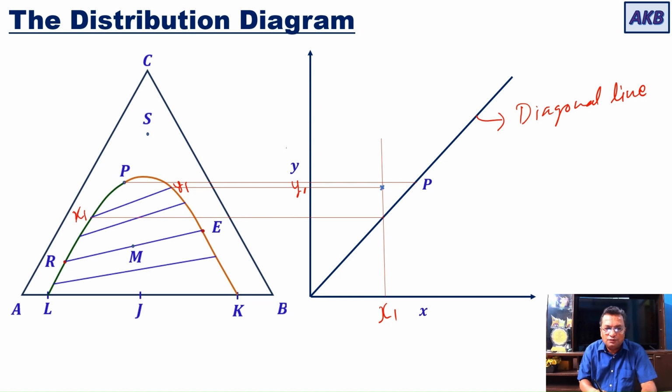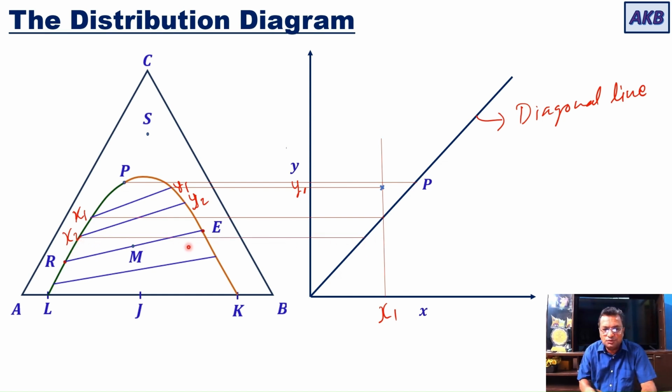Similarly, for the second tie line, let the endpoints of this tie line represent compositions X2, Y2. I am going to get X2 first on the distribution diagram.